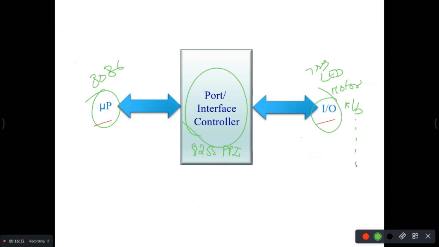So can you tell me, when you did the hardware experiment, where is your 8255? Have you tried to find out where your 8255 is? How many of you have seen where your 8255 is? I just wanted to know.